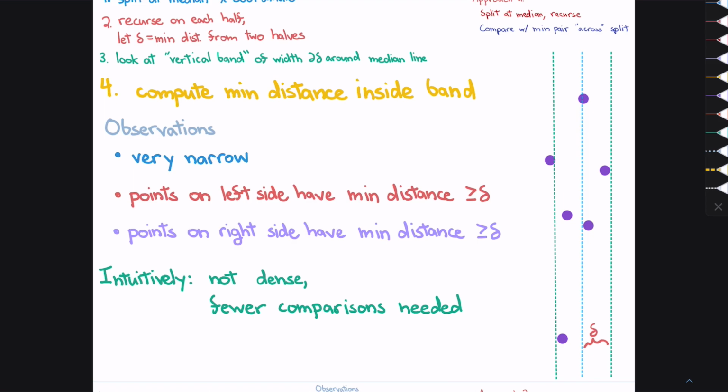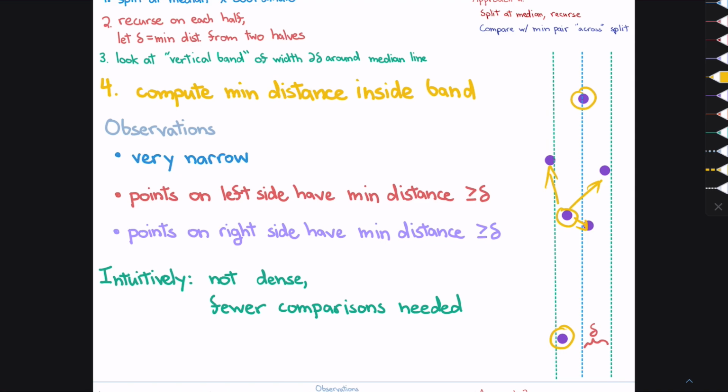But one nice thing is that this point obviously doesn't have to be compared to that point, the top and the bottom. So there's some kind of locality here, which is what the algorithm is ultimately going to do. To be safe, maybe I should check a few nearby points, like the 10 points directly underneath and the 10 points directly above.